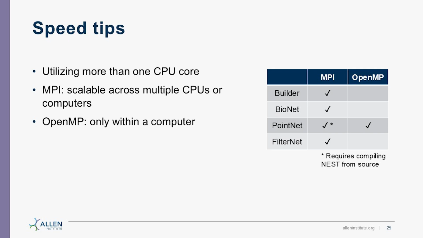One note is that PointNet, because we're using a backend of Nest, requires recompiling in a very specific way. Just so you know, that can be tricky. And if it's not working for you, we'd recommend using OpenMP instead, which won't be as fast or won't help on a cluster, but will still improve computation speed.